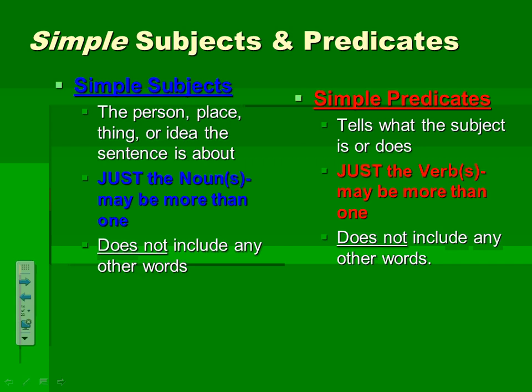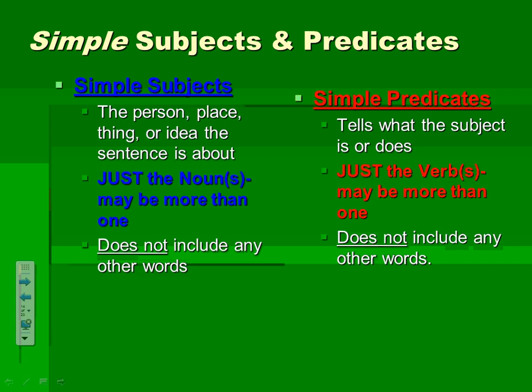Your simple predicates, on the other hand, they tell you what the subject is or what it does. So it's just the verbs. And again, there can be more than one. For example, you can say, I went home and ate dinner. Well, you did two actions. You went and you ate. So it's possible to have more than one. Just make sure that you only include the verbs.